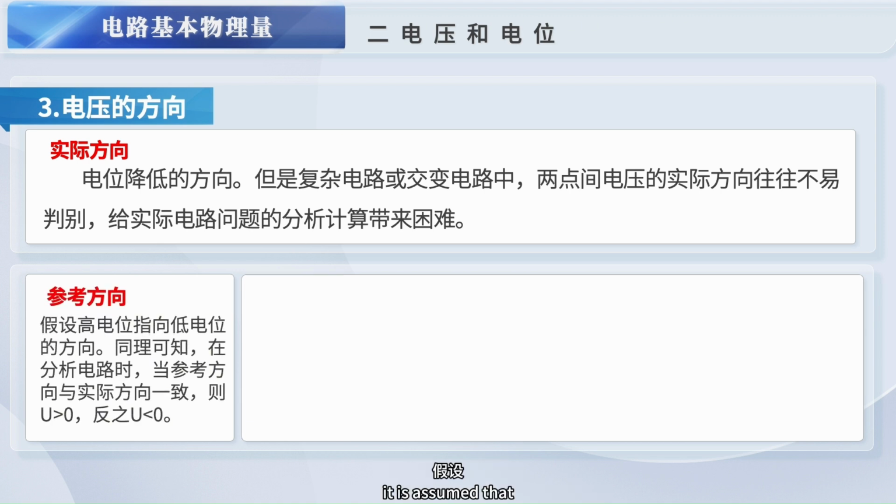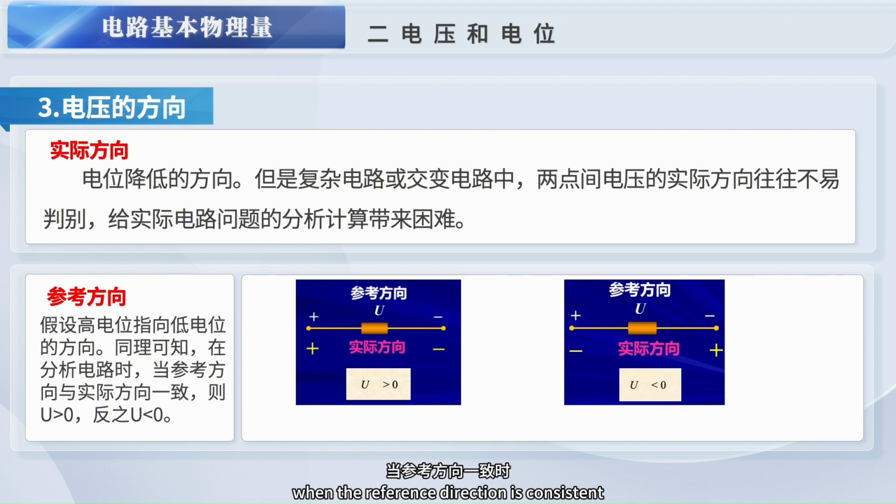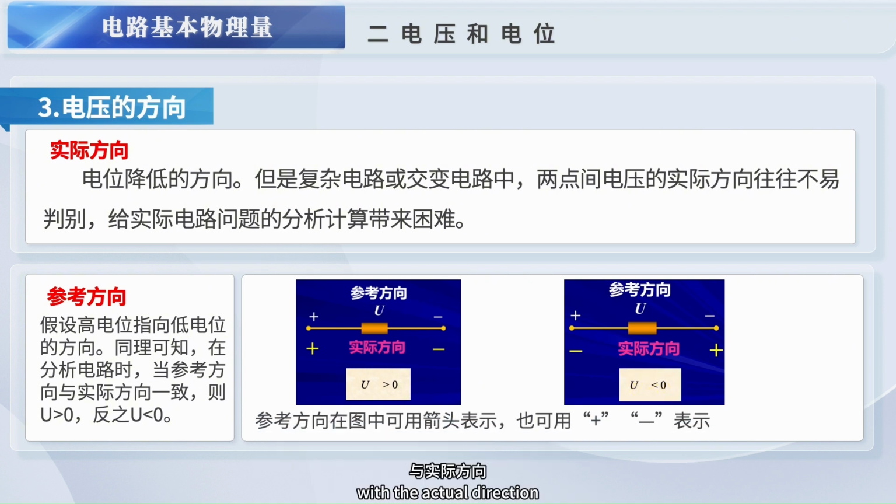It is assumed that the direction from high potential to low potential is the reference direction. Similarly, when analyzing circuits, when the reference direction is consistent with the actual direction, then U is greater than 0. Otherwise, U is less than 0. The reference direction can be represented by an arrow or positive and negative signs.